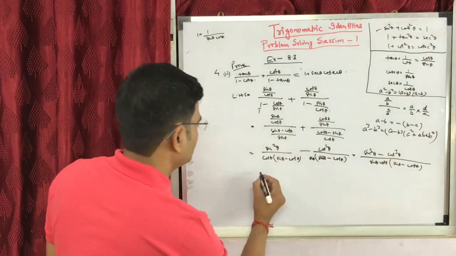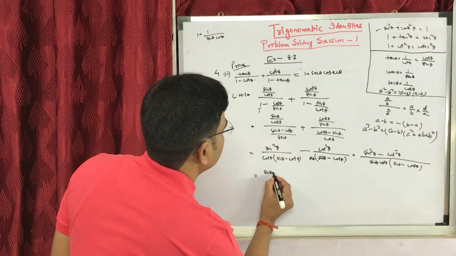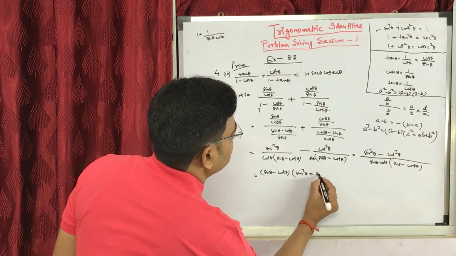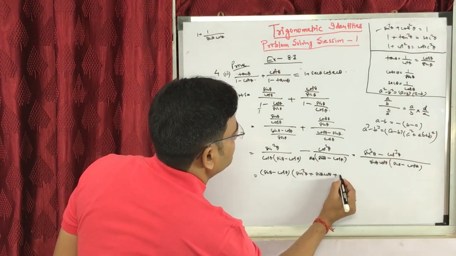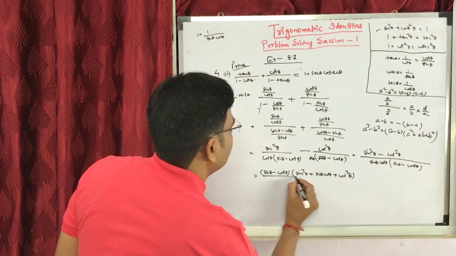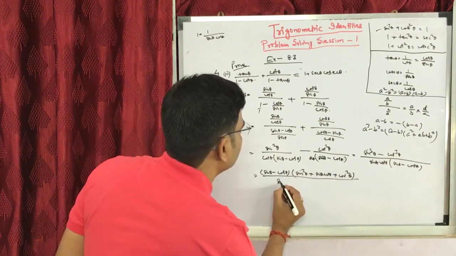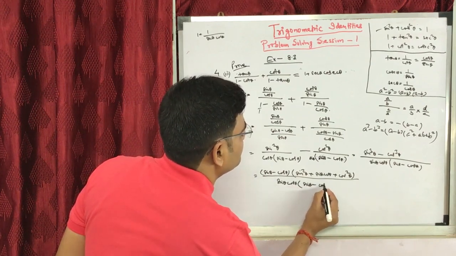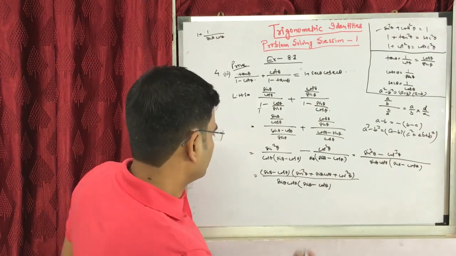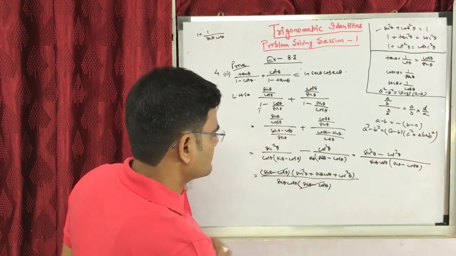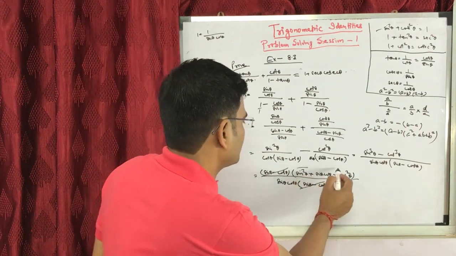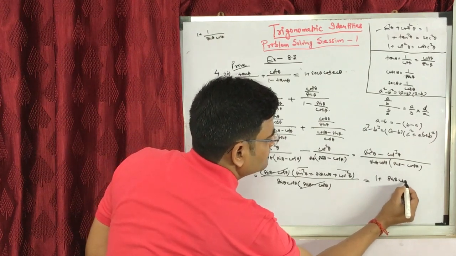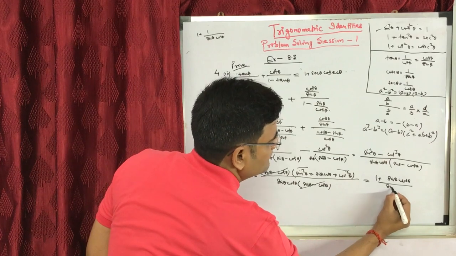So a cube minus b cube, sin theta minus cos theta into sin square plus sin theta cos theta plus cos square, and then same will remain as it is, sin theta cos theta into sin theta minus cos theta. Now sin theta minus cos theta and sin theta minus cos theta get cancelled. Sin square plus cos square is 1 plus sin theta cos theta, by sin theta cos theta.